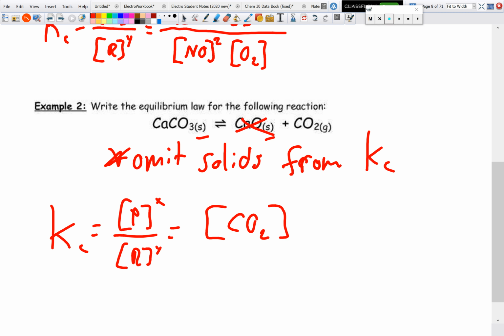If we knew the concentration of that, we could solve. Now the molar coefficient is 1, so we put a coefficient 1 up above, and of course over our reactants, our reactant is a solid, so that is it. So the equilibrium law for this is just going to be the concentration of CO2, and that is it.